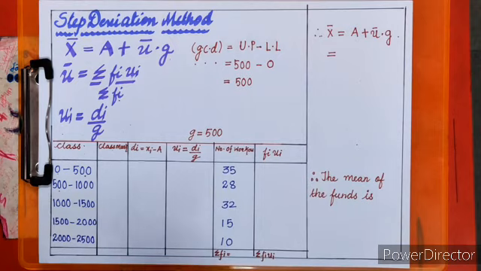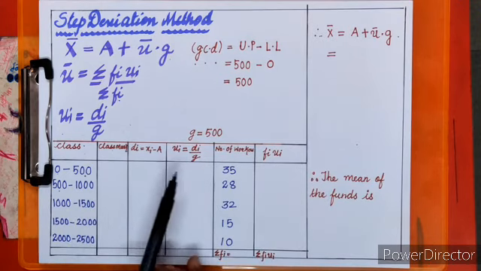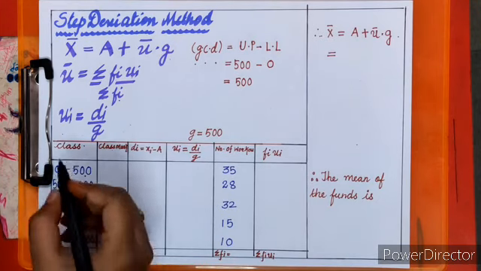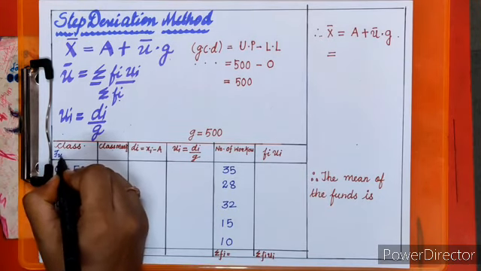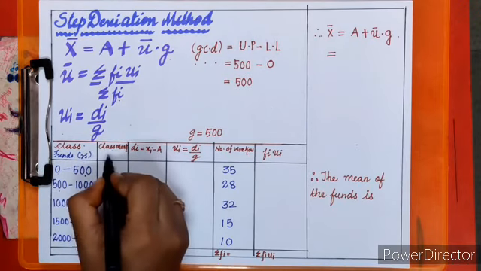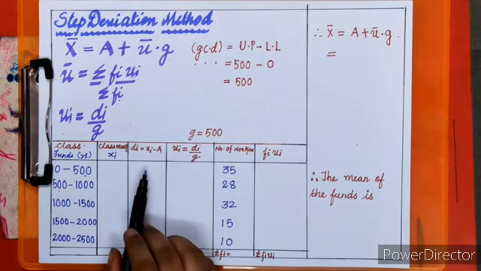Now coming to the columns of the step deviation method, we have to make 6 vertical columns. What are those 6 columns? The first column is the class, which is the funds given in rupees. Second column is the class mark. Third column is the deviation.